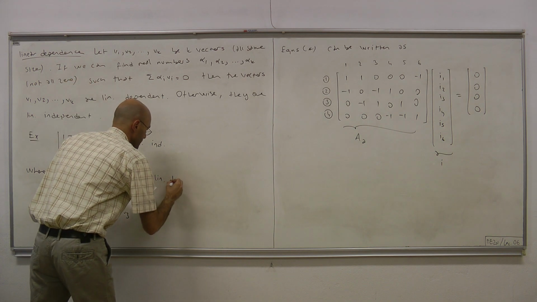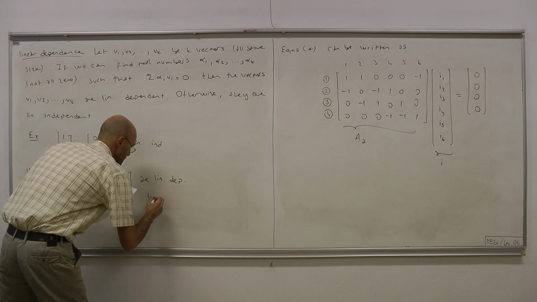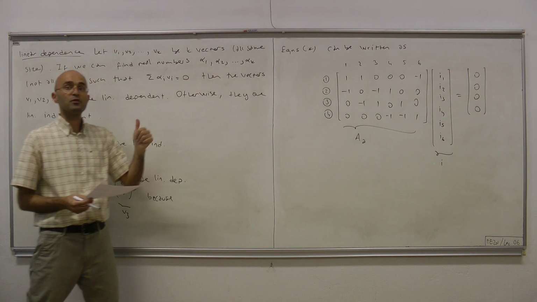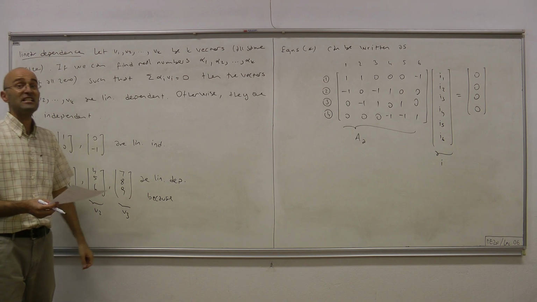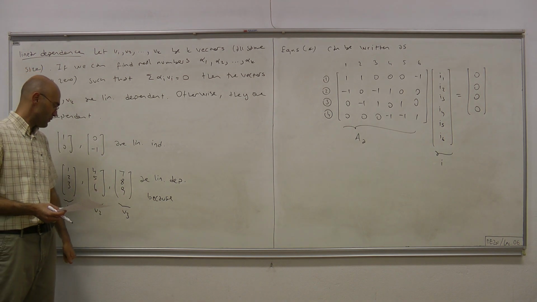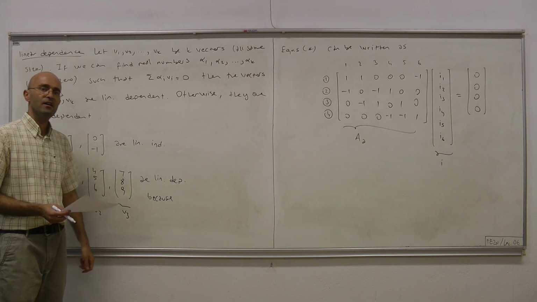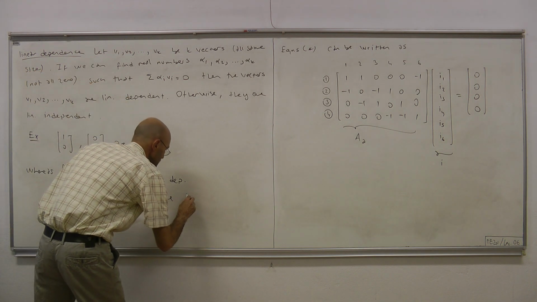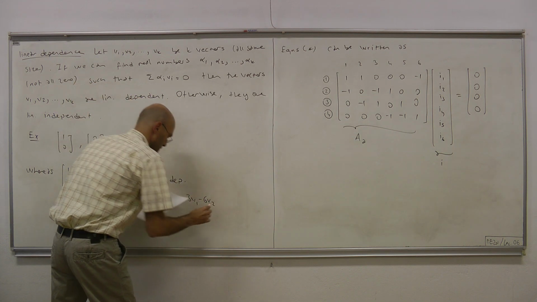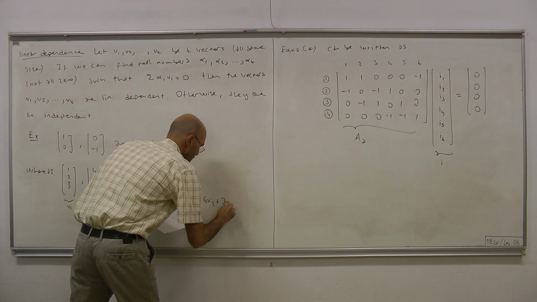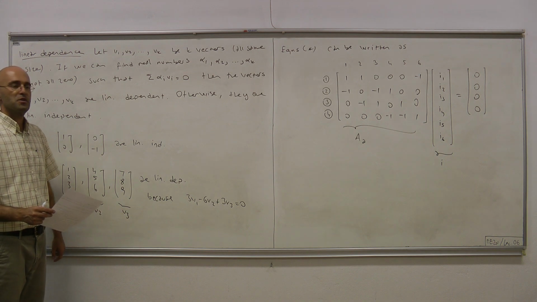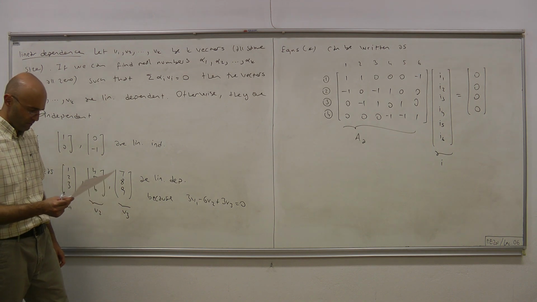Because we can find alpha 1, alpha 2, alpha 3, at least one of them different than 0, so that alpha 1 V1 plus alpha 2 V2 plus alpha 3 V3 equals 0. In fact, you can let alpha 1 be 3, alpha 2 be minus 6, and alpha 3 be 3. If you sum those three vectors, you see that they give you 0.